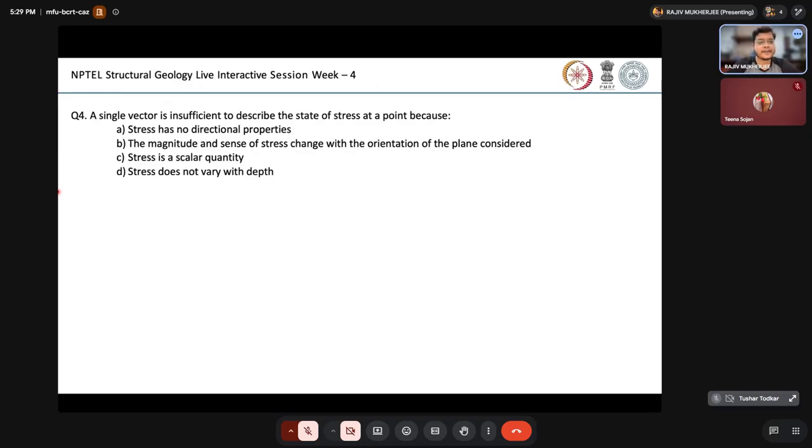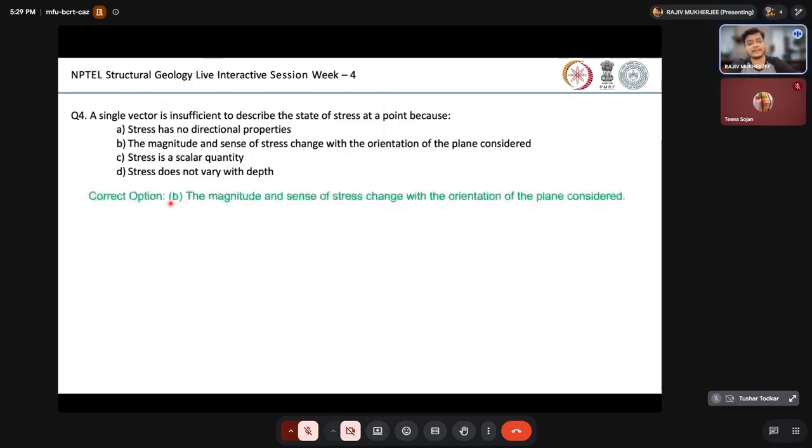And D, stress does not vary with depth. So a single vector is insufficient to describe the state of stress at a point because the reasons are given. Option B. Exactly. Option B is the correct answer.